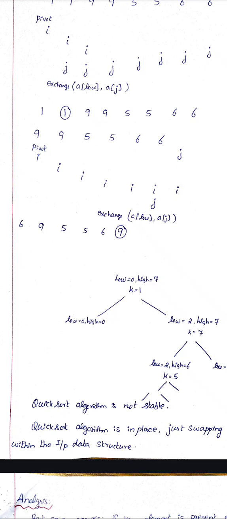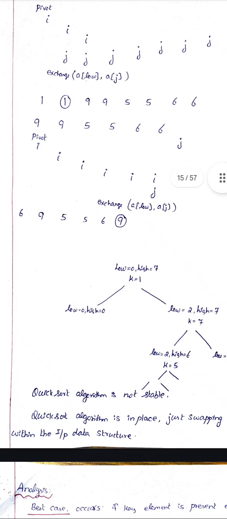Then we have again 1. Then 9, 9, 5, 5, 6, 6. 1 is the pivot element now. Is 1 greater than 9? No, it is not. So i will be staying there itself.